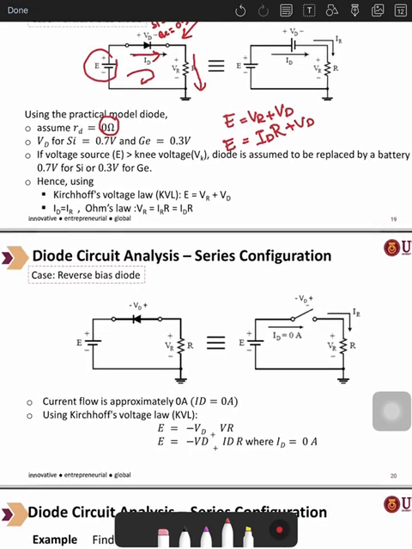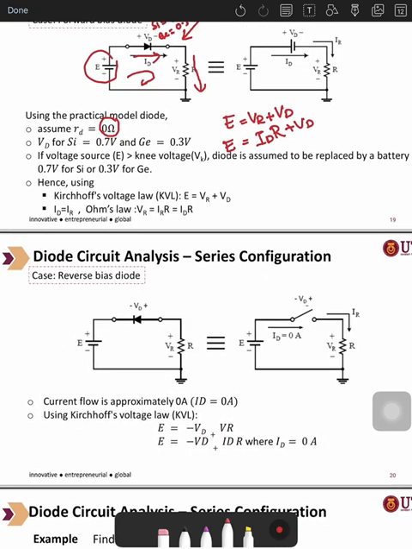If it is connected in the reverse bias, you have a similar circuit, but the diode is connected in the reverse bias. Why reverse bias? Because the polarity is in a different state. The negative is connected with the cathode, and the positive with the anode.